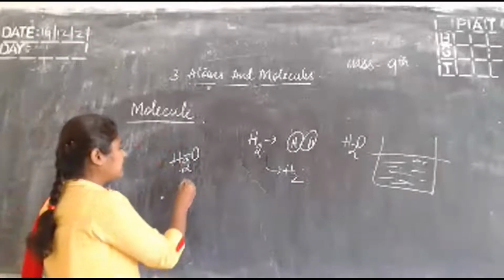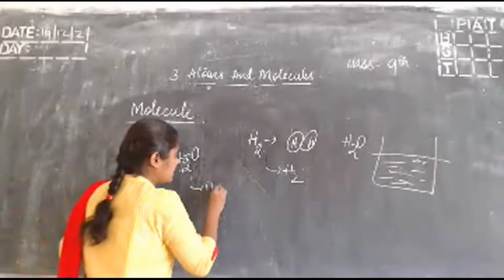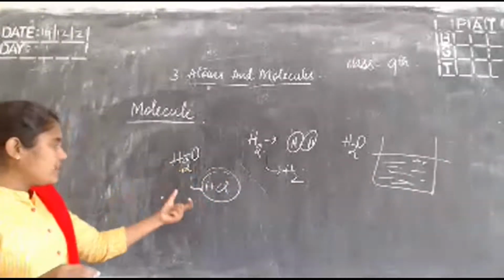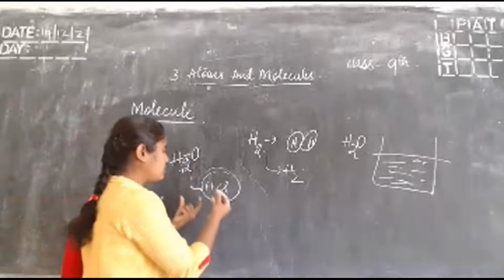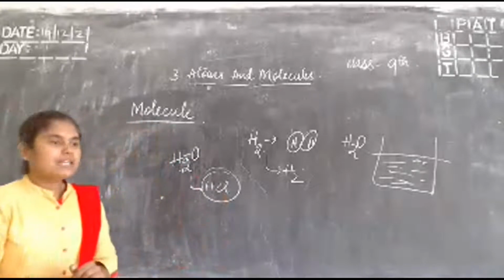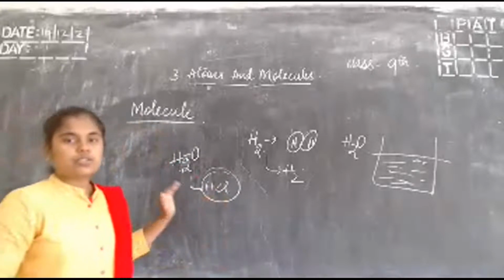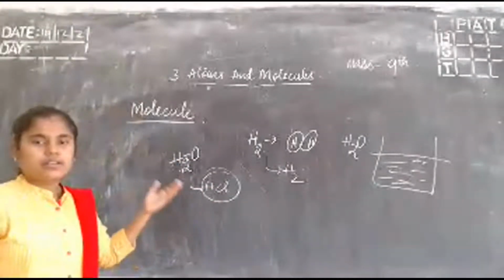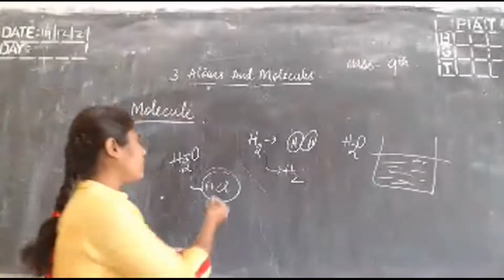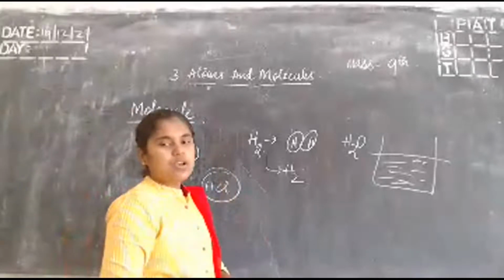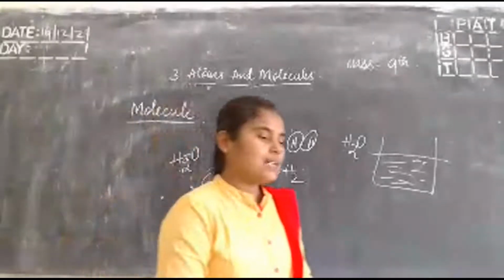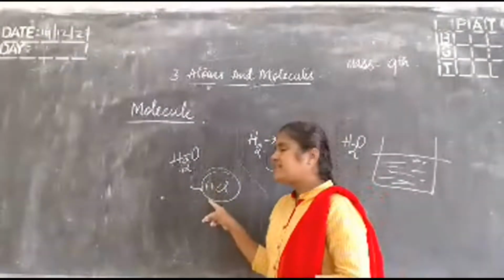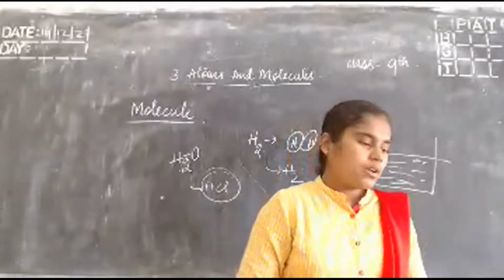Or if you take the example of HCl, there are some attractive forces by which they are chemically bonded, strongly bound, such that they form the molecule. Here we took two atoms, but sometimes it could be three, or also four. So two or more atoms are bonded chemically strongly by attractive forces.